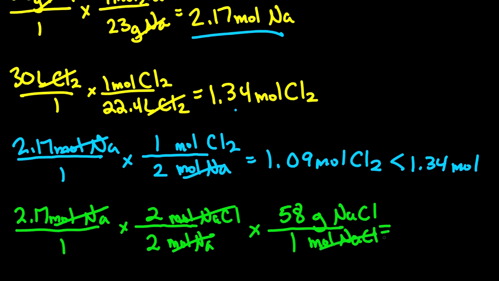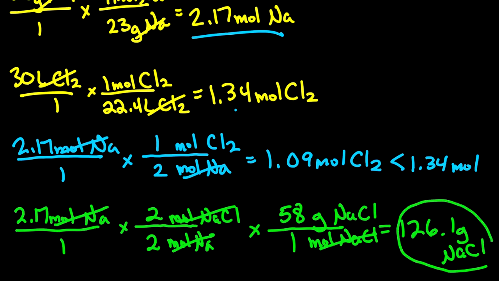Now we can figure it out. So 2.17 times 2 divided by 2 times 58 divided by 1, and I get 126.1 grams of sodium chloride. And there is my answer.